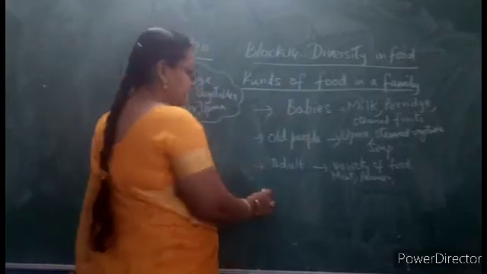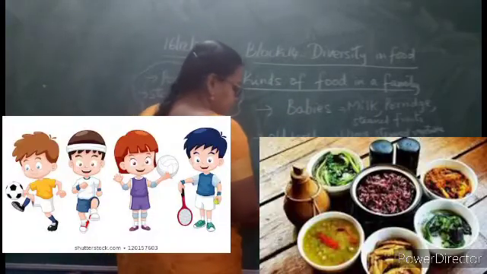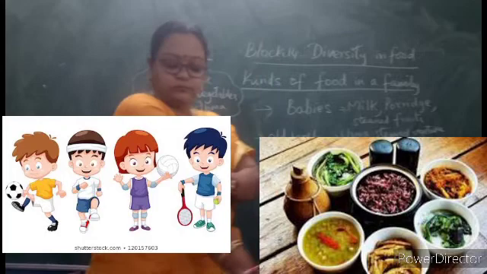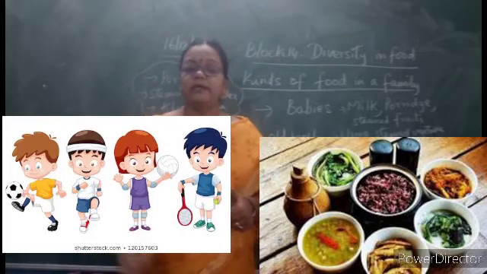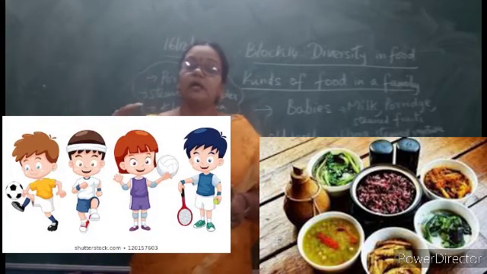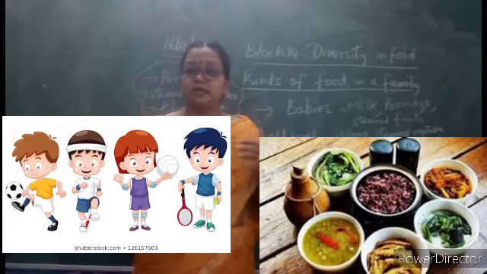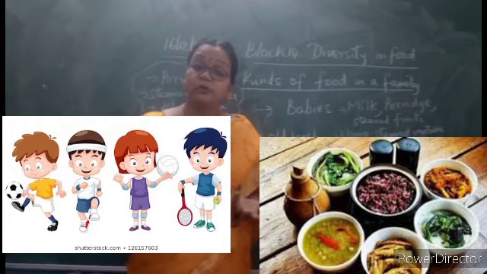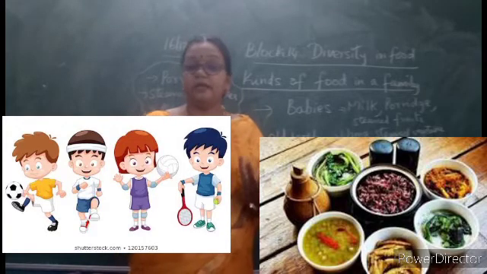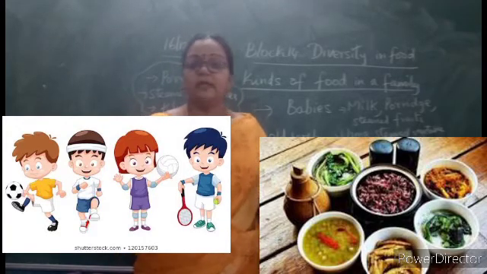And if children are there, like 10 years, 15 years, they are learning some cricketing, they are going for tennis classes, dance classes, they are working out a lot because they have a lot of physical activities. So then also they can eat well, like adults.